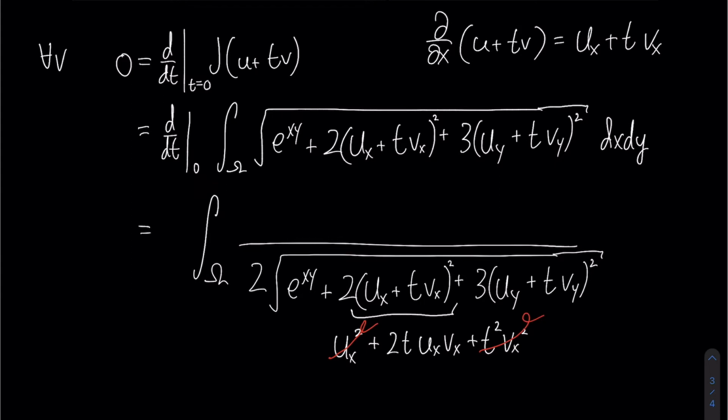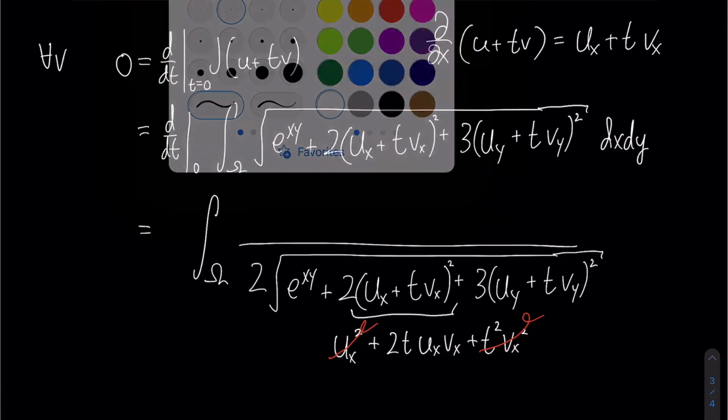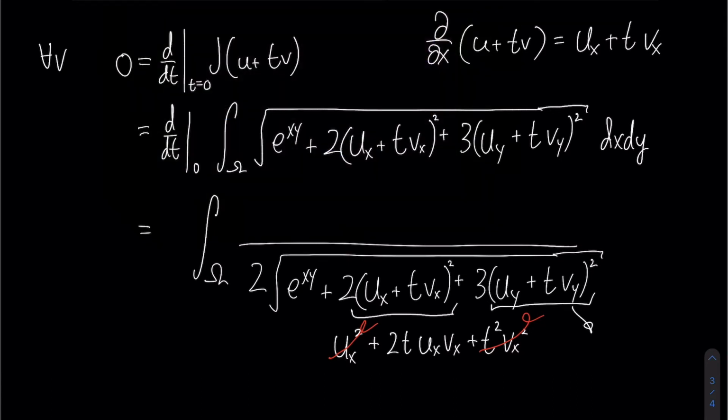Using the same reasoning, the second part is going to be 2t uy vy, right? And now I can derive it. I need to multiply 3 here, and I need to multiply 2 here. And I need to derive it with respect to t. And so I'm going to get 2 times 2 ux vx plus 3 times 2 uy vy.